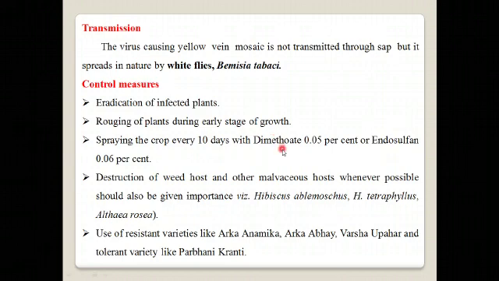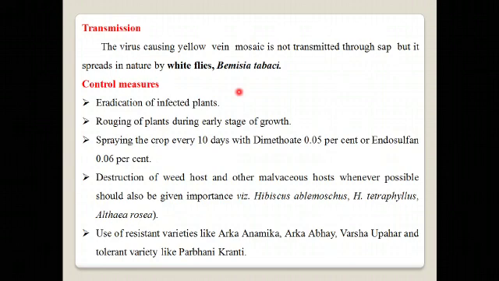Then pumpkin crop should not be grown near or as a mixed crop in bhendi, because pumpkin is also a host crop for survival of the virus. So avoid growing pumpkin in between the bhendi rows.